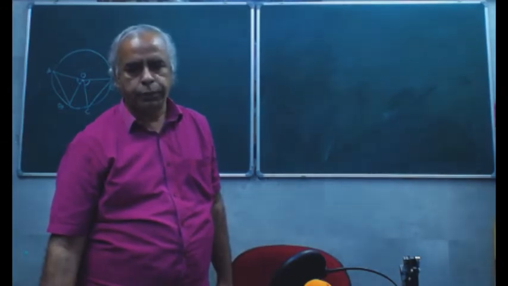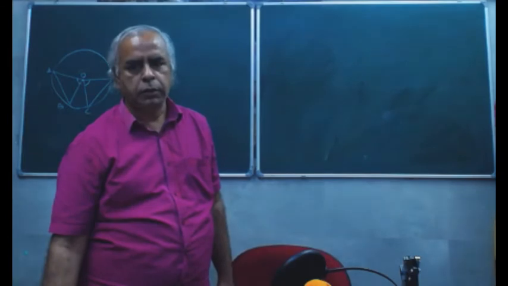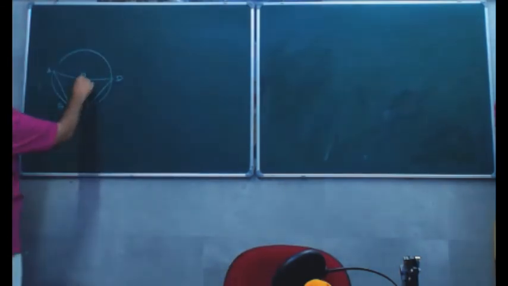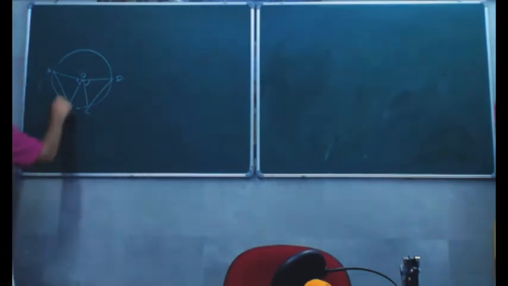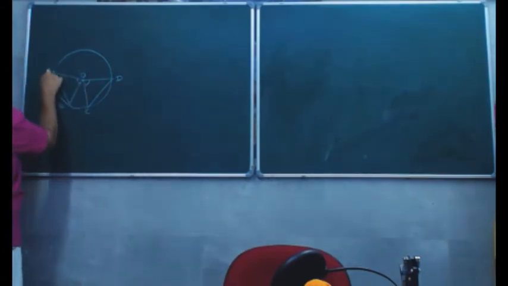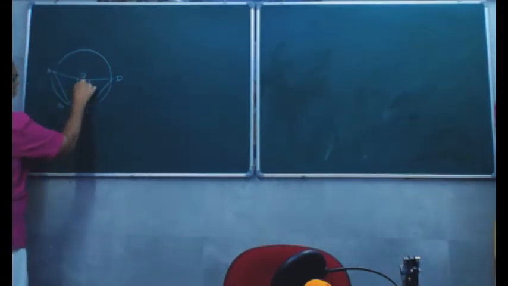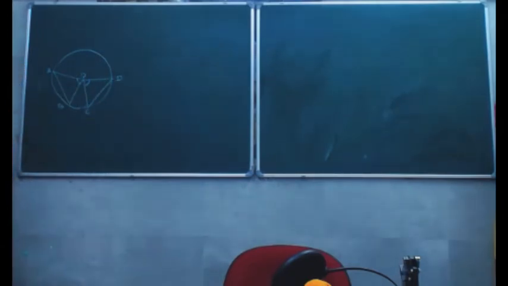Now let us consider the center of the circle and the two chords. O is the center of the circle. OA, OB, OC, OD, these are all radii.